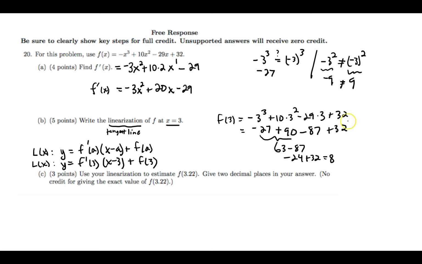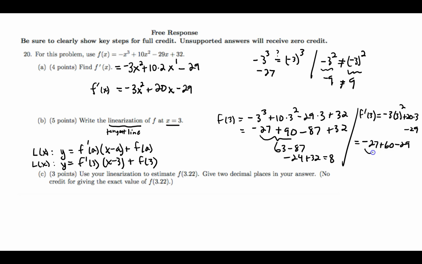f prime of 3 is -3 times 3 squared plus 20 times 3 minus 29. That'd be a -27 plus a 60 minus a 29.